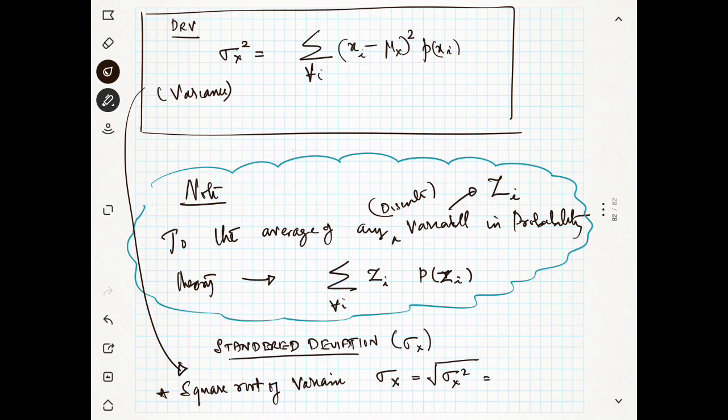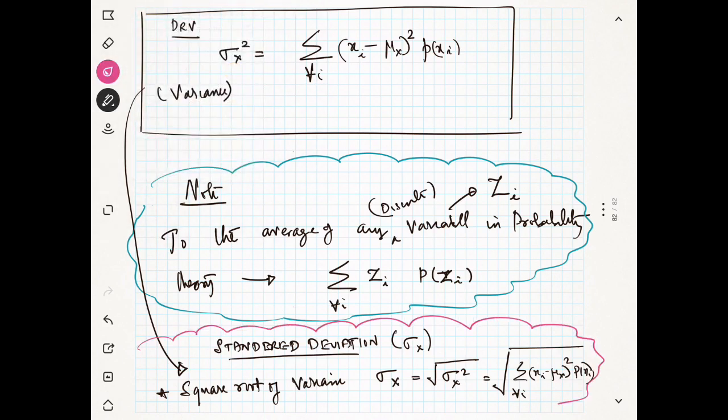This is the square root of the summation for all i of xi minus mu x, the whole square, times p of xi. That's it. So just take the square root of the variance. This is known as the standard deviation. I hope this is clear to you. So we have studied mean and variance, and a related concept, the standard deviation, for the random variable. Everything we have discussed is only for the discrete random variable.